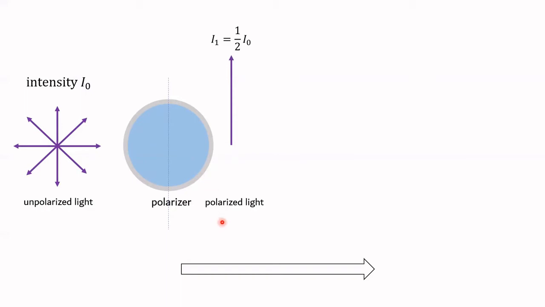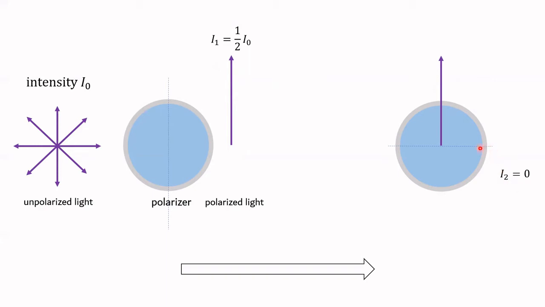Okay, so now we've got polarized light. That means light where all the electric fields are parallel to this axis. And the intensity I1, I'm now calling, is 50% of what it was. And we pass that light through a second filter. And what's going on here? Why is the intensity I2 coming out of the second filter 0?